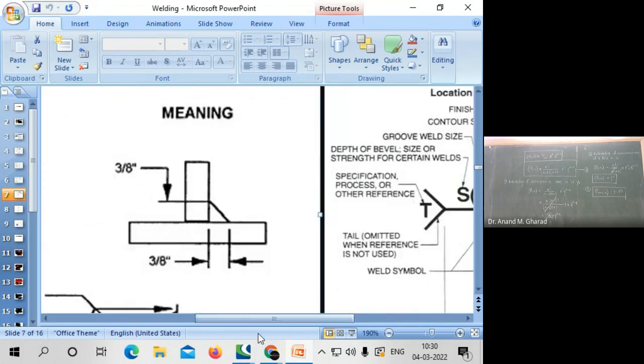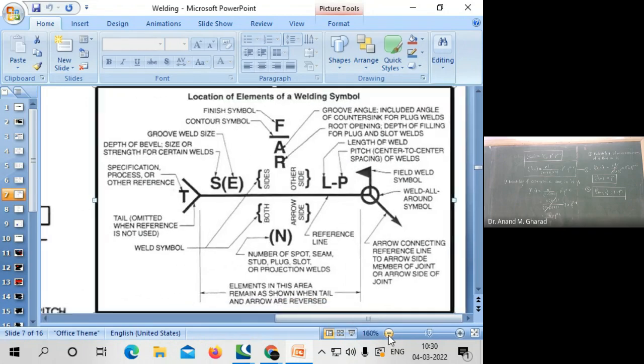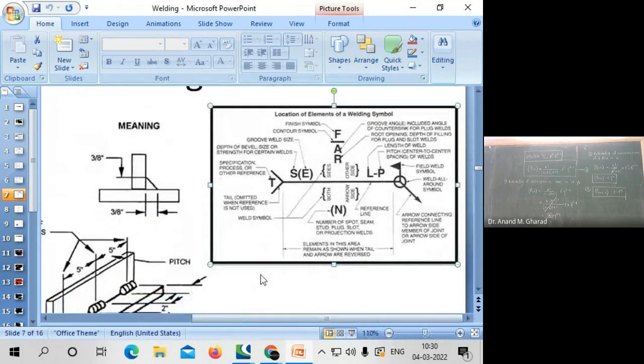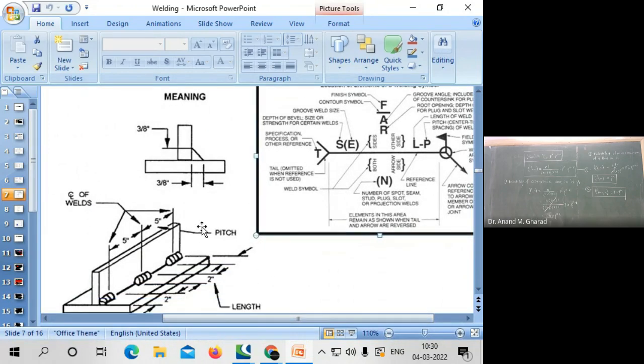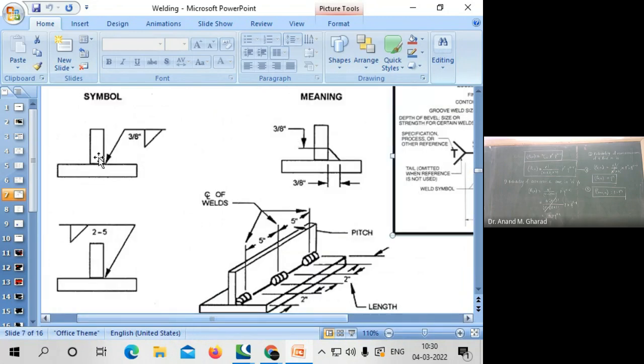Now over here, yeah. Now see, ये देखो, ये for example ये drawing है. This is a drawing, and in this drawing, as you can see, this is the weld which is provided.